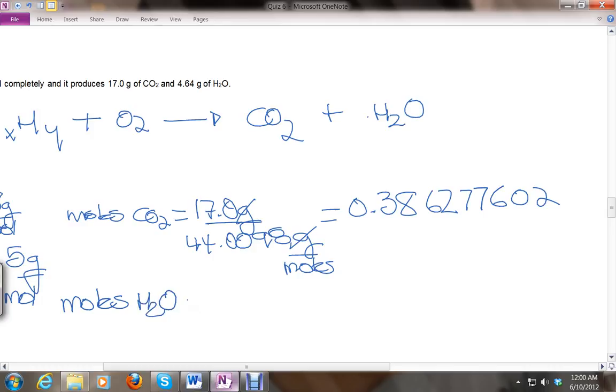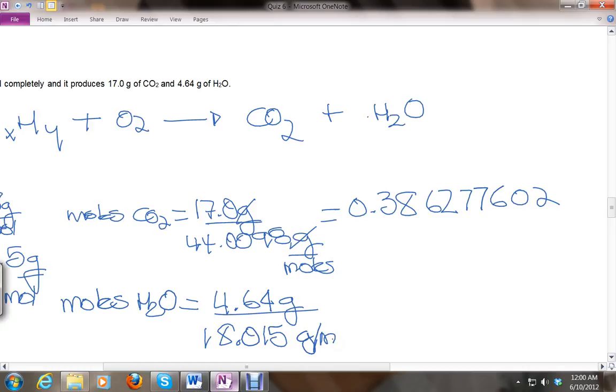Now the moles of water would be equal to the grams, 4.64, divided by 18.015, the molar mass of water, grams per mole.